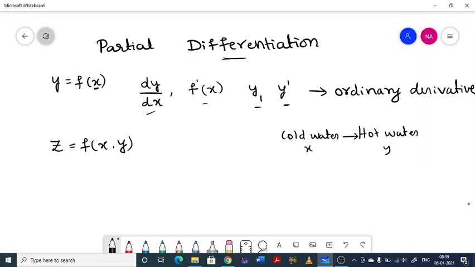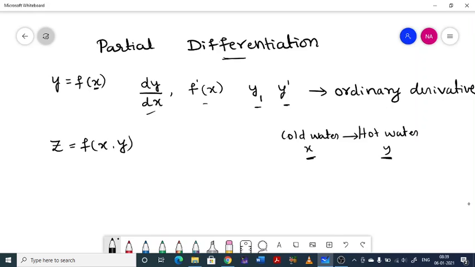So here y is depending only on x. There is only one independent variable. If you take 1 liter here, you may get some other quantity here. If you get 2 liter, then definitely this quantity will change. So with respect to change in x, you get change in y. How that is going to change, that will be the derivative. So dy by dx represents how y will be changed with respect to the change in x.